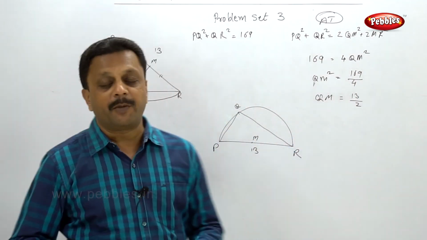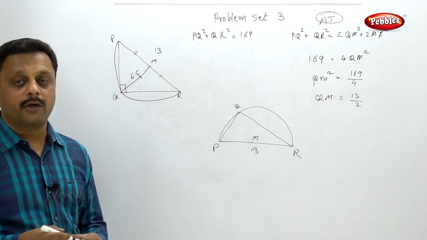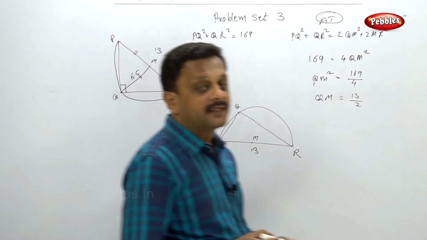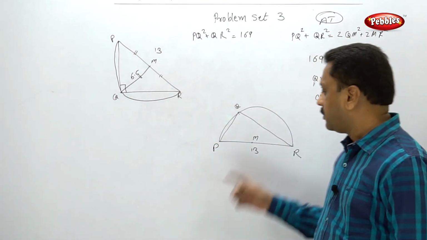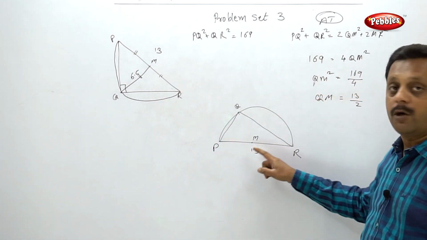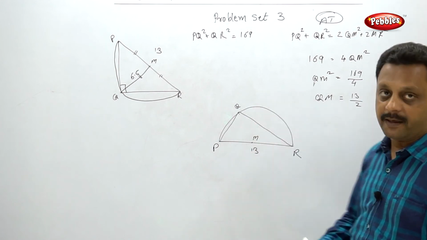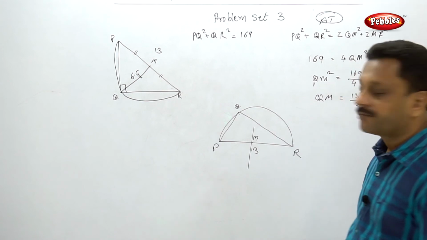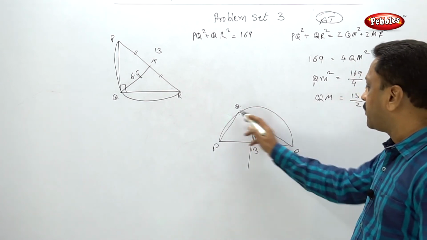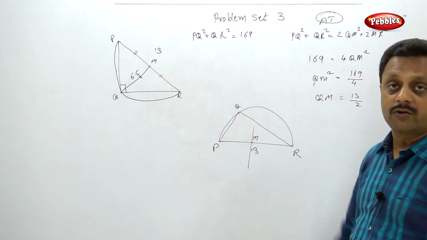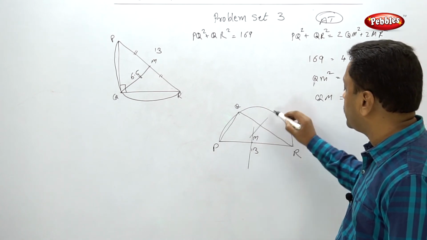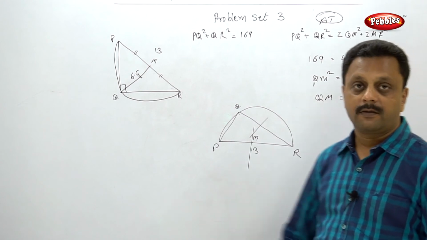Once you get the triangle PQR, then it is very easy. You have to draw the circumcircle. So draw the perpendicular bisector of any two sides. Now the perpendicular bisector of PR we already found out. The line is there, a light construction line you must be having here somewhere. So draw the perpendicular bisector of any one of the other two sides, and we will get the circumcenter somewhere here.